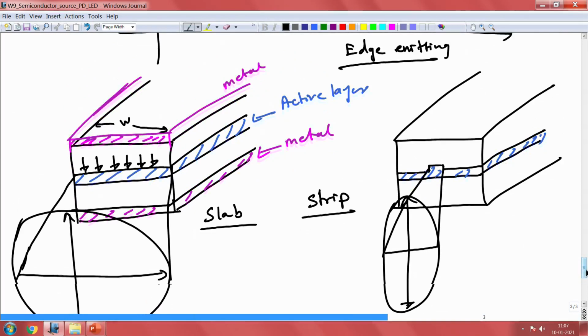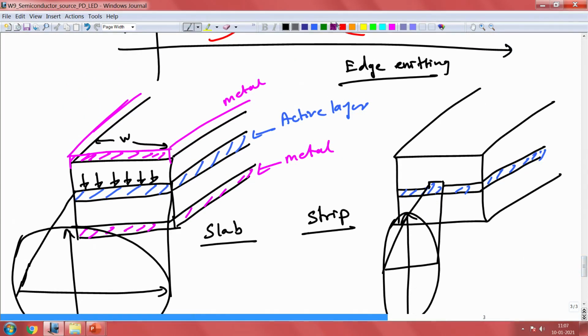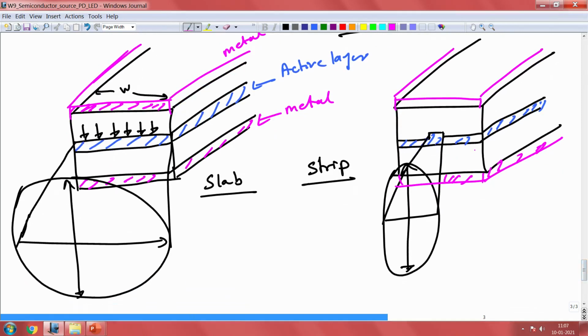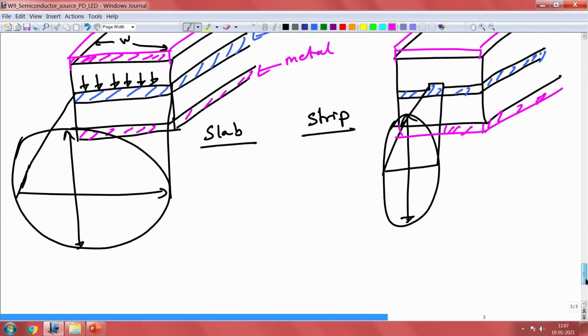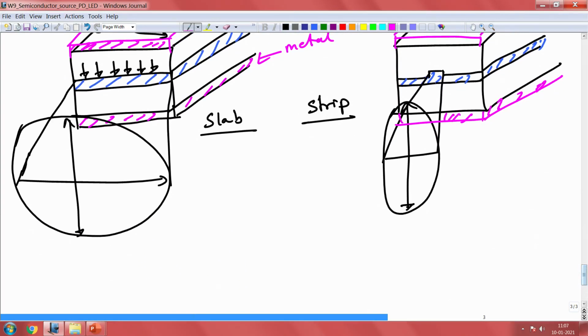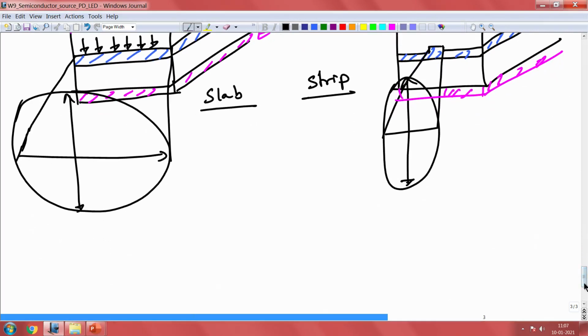So, another way of doing this is in this case what we are doing is again a uniform injection, right. So, we have a uniform injection from both top and bottom. So, what we could do is instead of patterning this particular active region, we could have a very specific current injection scheme.